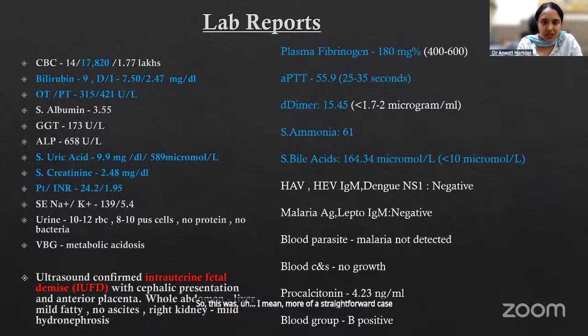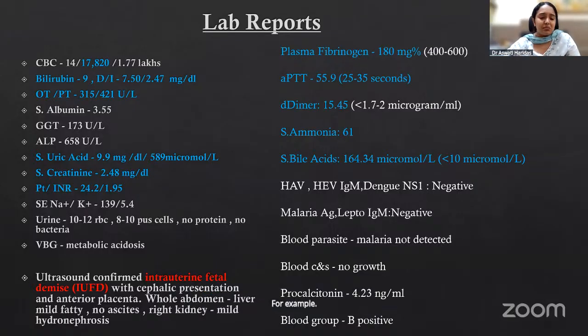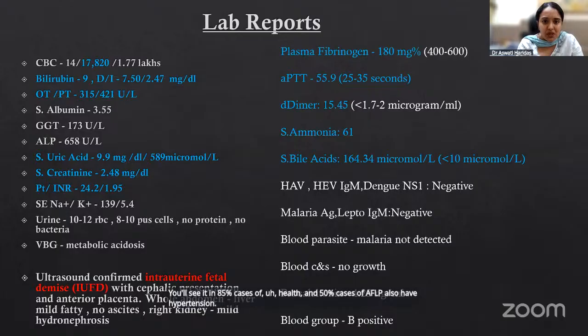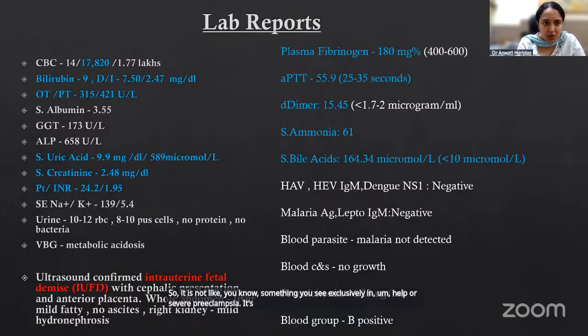So this was more of a straightforward case. But oftentimes, these syndromes can really overlap. For example, hypertension is something you see in 100% of cases of preeclampsia, in 85% of cases of HELLP, and 50% of cases of AFLP also have hypertension. So it is not something you see exclusively in HELLP or severe preeclampsia. It's the same thing with thrombocytopenia.